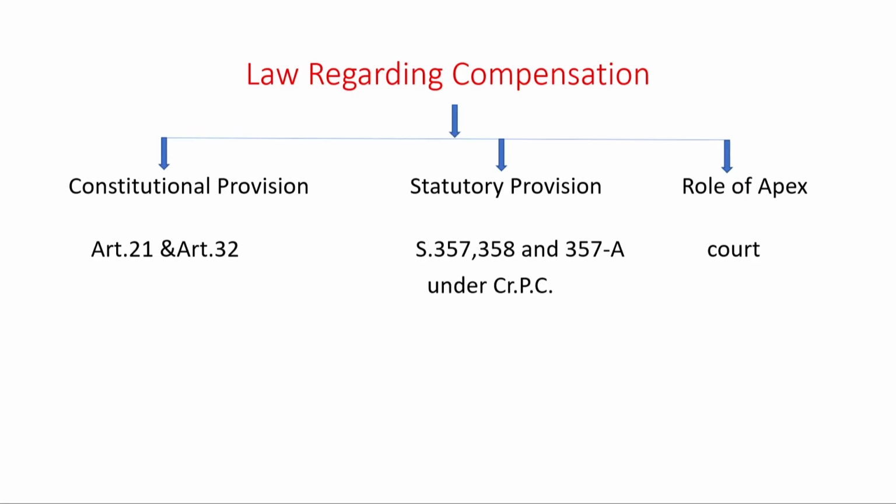Where it is specifically provided that anyone can move before the High Court or the Supreme Court for the enforcement of fundamental rights, it is specifically provided under Article 32 that anyone can move before the Supreme Court for the enforcement of his or her right where his or her fundamental right has been violated.